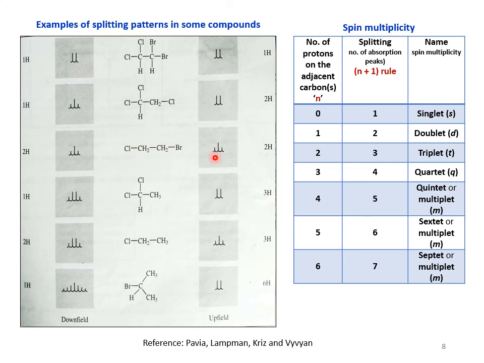And here you can also see the intensities. In a doublet it is 1:1, in a triplet it is 1:2:1, and so on for quartet, quintet, sextet, and in general multiplet. So in the next section we will see the origin of spin-spin multiplicity, meaning why a signal splits into various signals. Thank you.